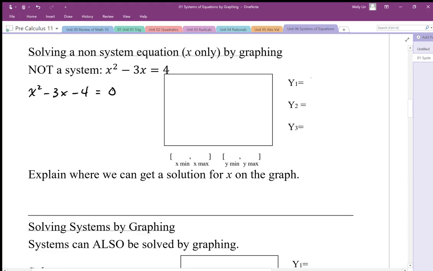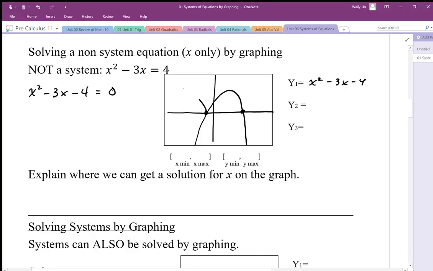If I graph this, it is a parabola, and it's going to look something like this. I can find the solutions where the graph crosses the x-axis. Some of you may have factored this and solved, but we can solve it by graphing as well.